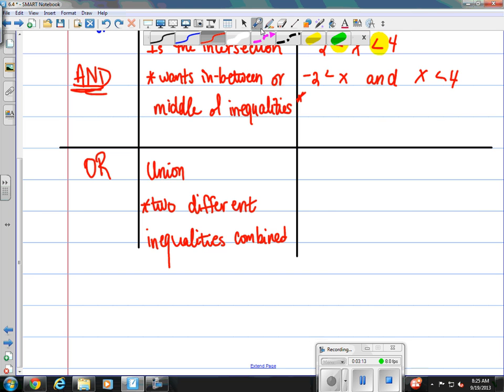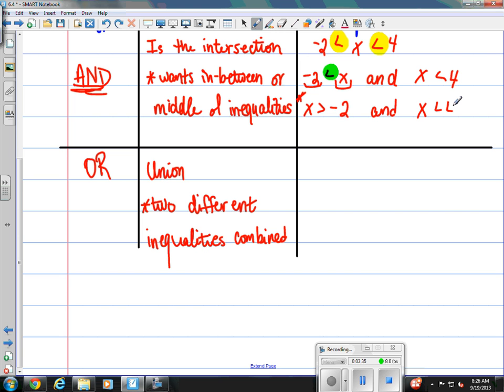So I have to bring my x to the left, flip my inequality symbol, and I take my -2 to the right side. I'm just going to drop down, and x is less than 4.